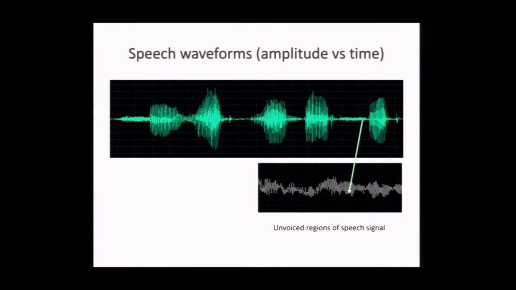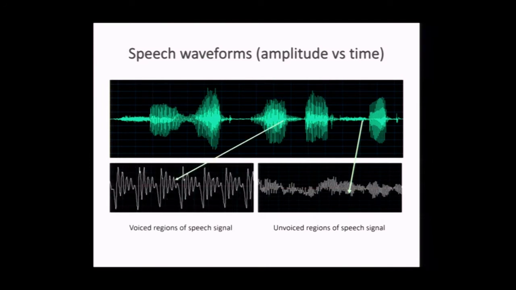There are some very quiet portions, and then there are some relatively high amplitude portions, okay. If you zoomed in, you would see some portions which are very periodic, which typically correspond to the vowels, and then you would see some relatively weaker portions which typically correspond to the consonants, okay.